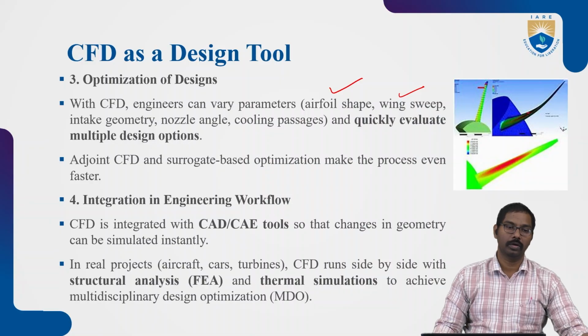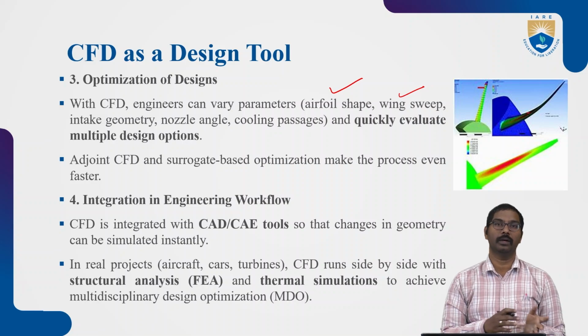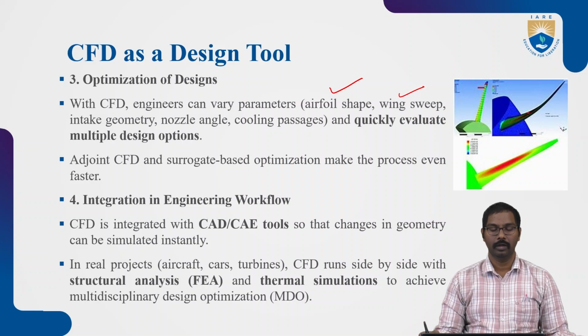If you change the sweep angle, it may increase the wave drag. If you change the length of the wing, the span of the wing, it may affect it structurally, or it may increase the induced drag. Like that, each and every design parameter will affect it in one way or another, so that the total aerodynamic efficiency will change.